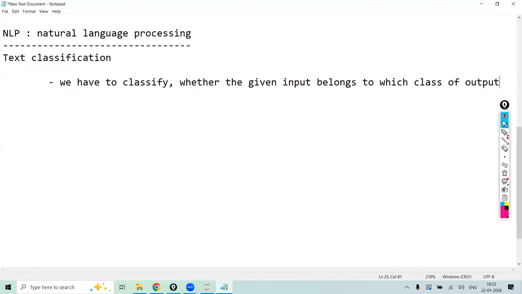So here we have to classify whether the given input belongs to which class of the output. Is the point clear, everyone?